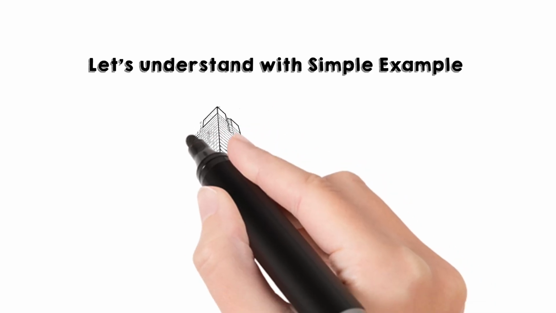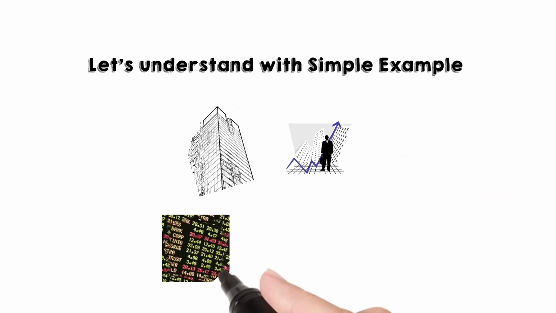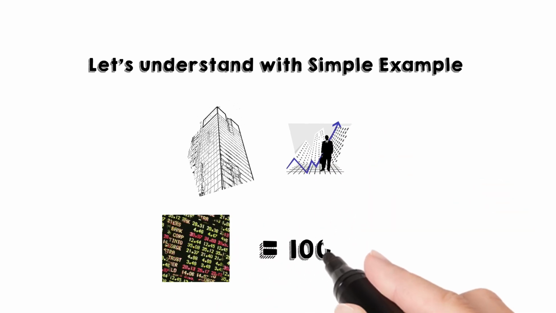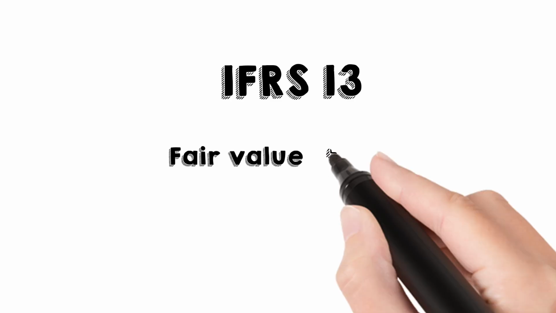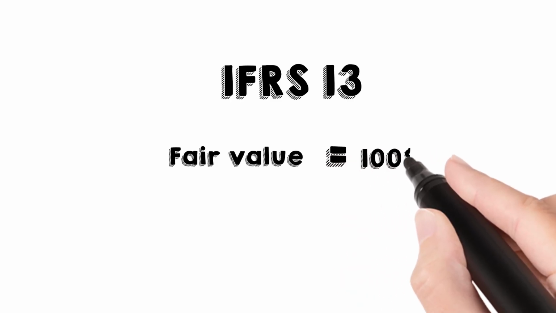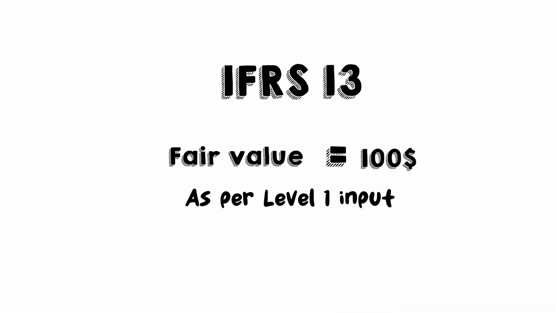Let's understand with a simple example. Suppose a company owns shares. Its market price equals $100 per share. Under IFRS 13, fair value equals $100 as per Level 1 input.